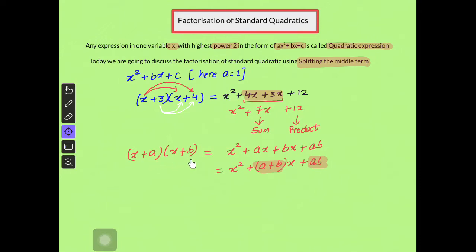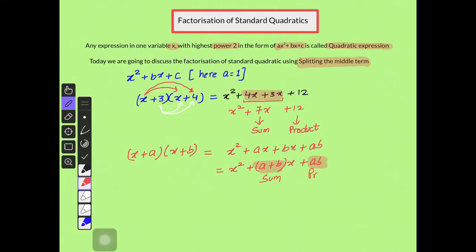If we generalize, x plus a times x plus b, what do we get? If we apply the distributive property, you can see I have written x squared plus ax plus bx plus ab, and we can simplify ax and bx as (a plus b)x. So a times b is the product and a plus b is the sum. This is actually the base of our factorization today, the sum and the product.